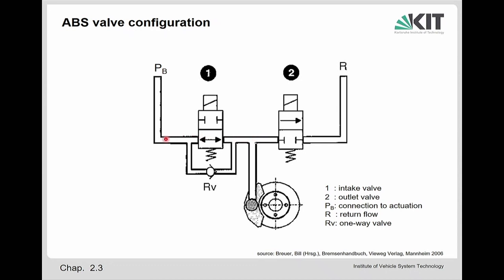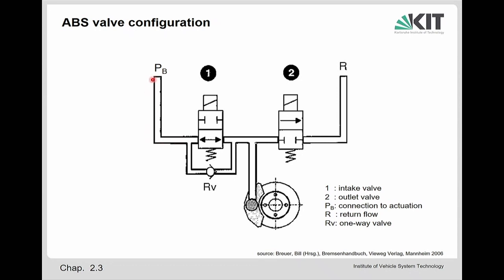So this comes from the main brake cylinder, providing the braking pressure. PB means braking pressure, and the fluid transmits this pressure here. So there is not much flow in the fluid. There's only a few cubic centimeters of flow during a braking operation. This is mainly a transport of pressure in the fluid.